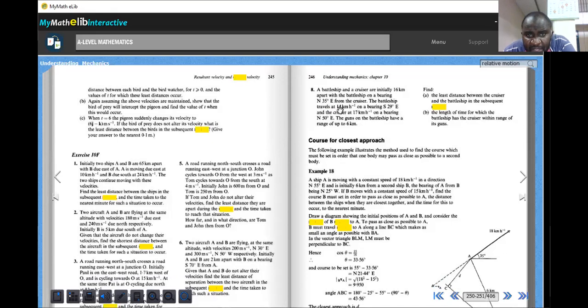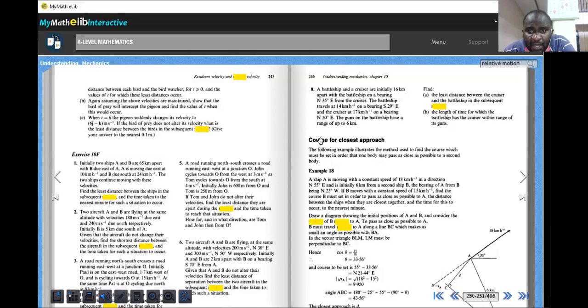The battleship travels at 14 kilometers per hour on a bearing of south 29 degrees east, and the cruiser at 17 kilometers per hour on a bearing of north 50 degrees east. The guns of the battleship have a range of up to 6 kilometers. Find A, the least distance between the cruiser and the battleship in the subsequent motion. B, the length of time for which the battleship has the cruiser within its range of guns.